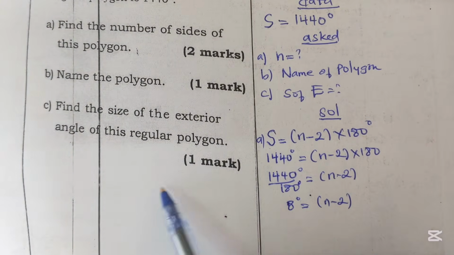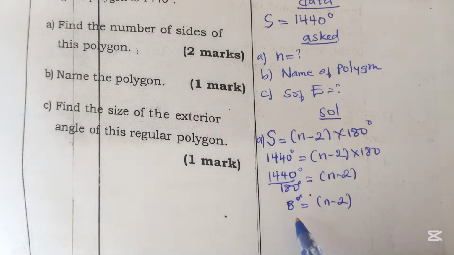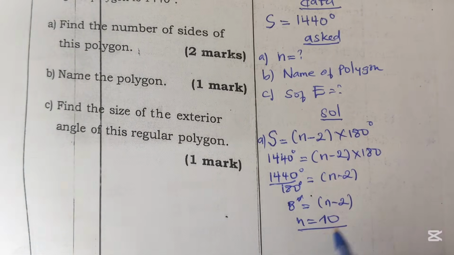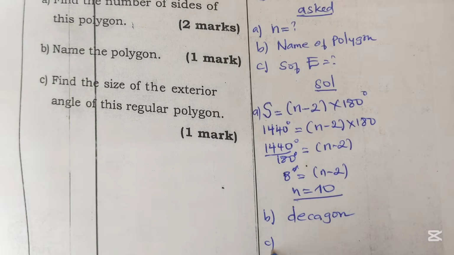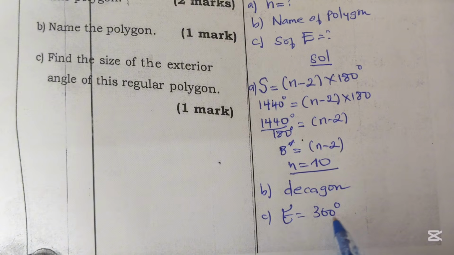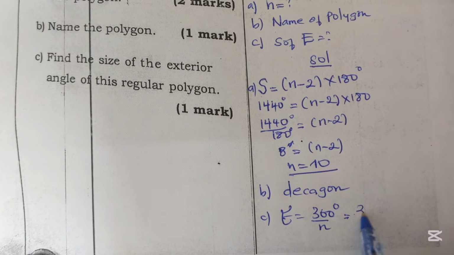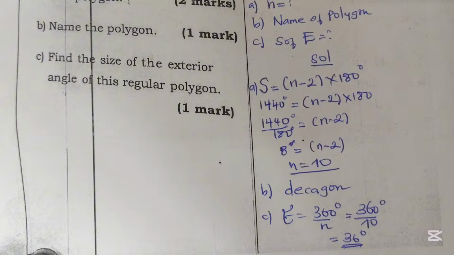So that, because we have to find the number of sides, n will be 10. This is A. B, the polygon with 10 sides is a decagon. That's C. Find the size of the exterior angle. We take 360 degrees over n, which equals 360 degrees over 10. We'll get 36 degrees.